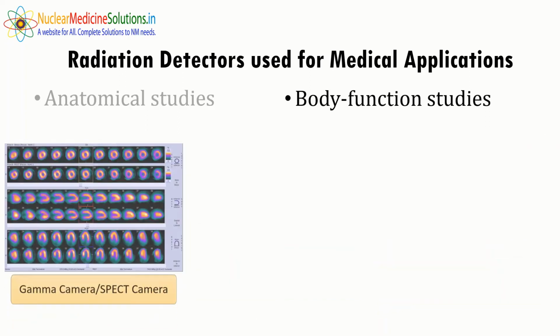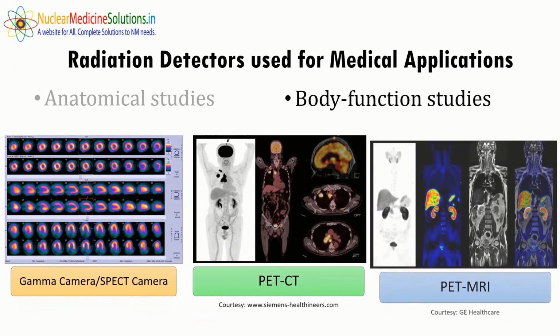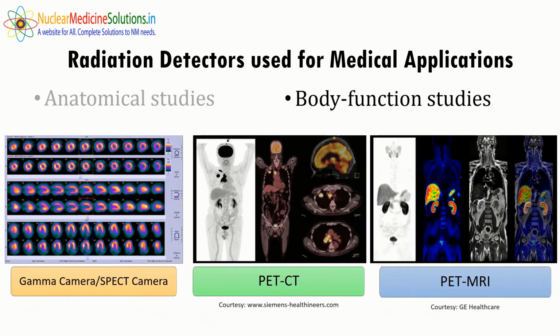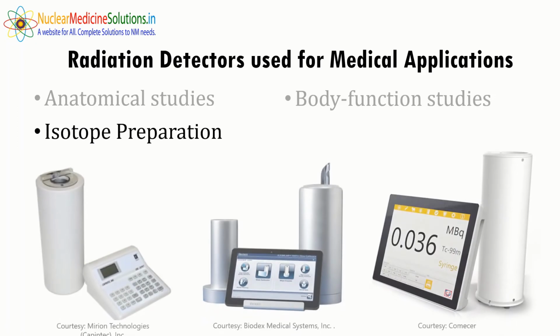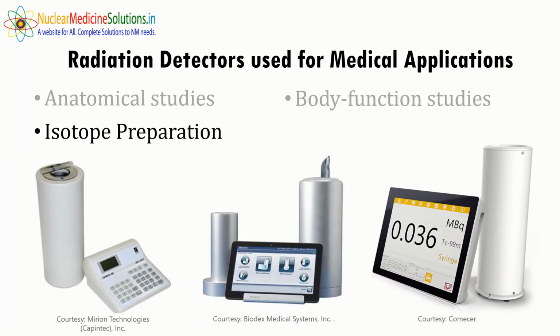This is the image of a cardiac scan, also called a stress thallium, from the gamma camera, and this is a whole body scan from a PET-CT machine, and this is a whole body image from a PET-MRI machine. Radiation detectors are used in radiopharmaceutical preparations where quantities of radioactive materials are measured while preparing as well as before injection.